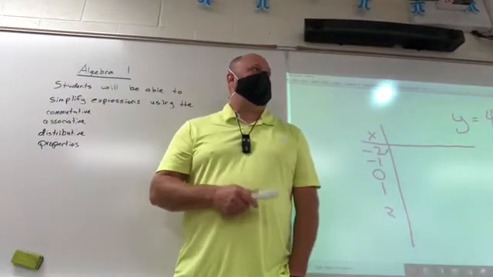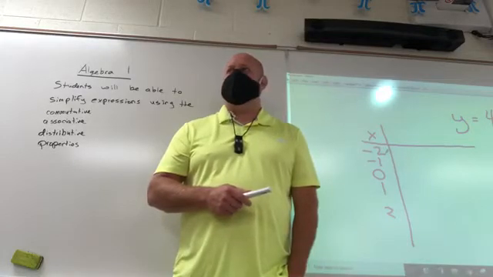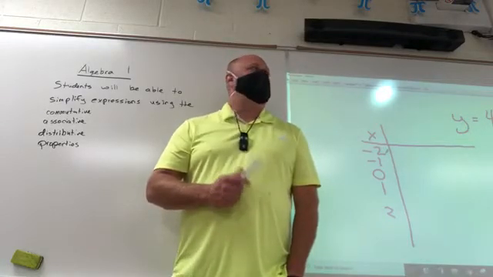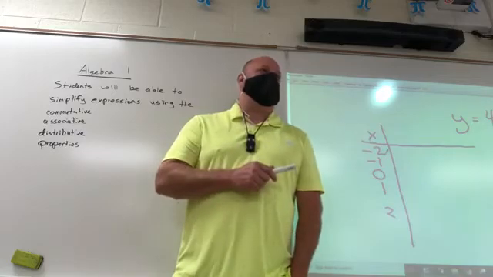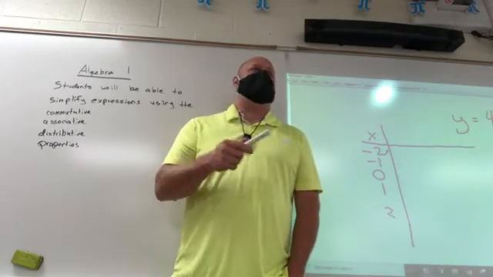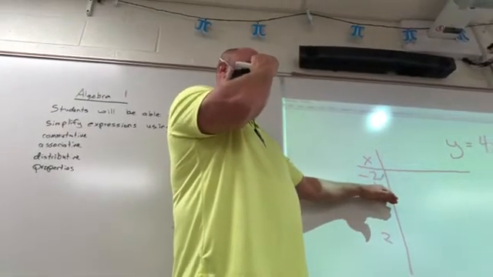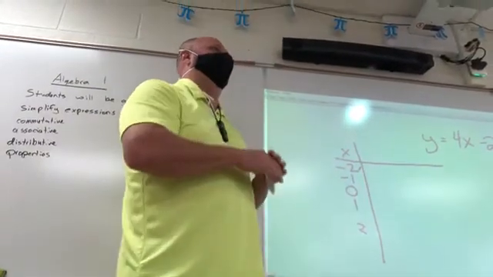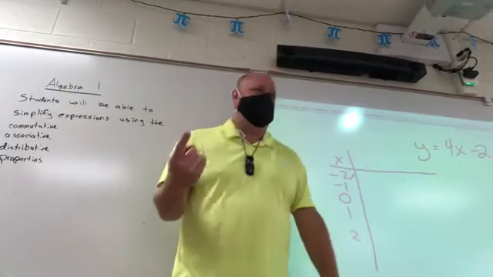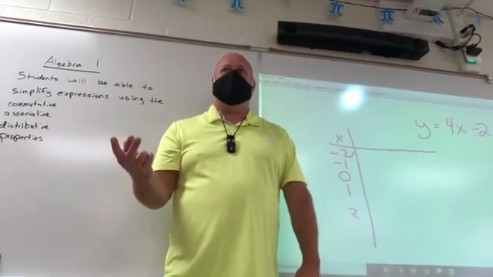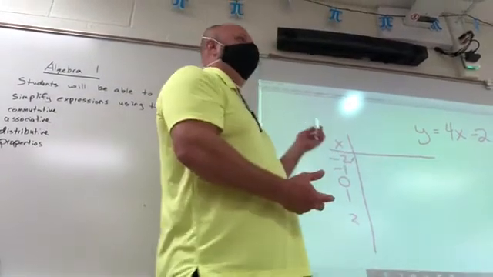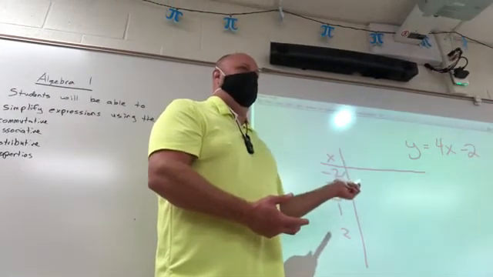Why would I pick some negatives? The reason is sometimes something fishy happens with the negative numbers. So I want to pick some numbers that, number one, are easy to calculate. So that's why we pick small numbers. Are we going to pick like 0.5 and 0.3?